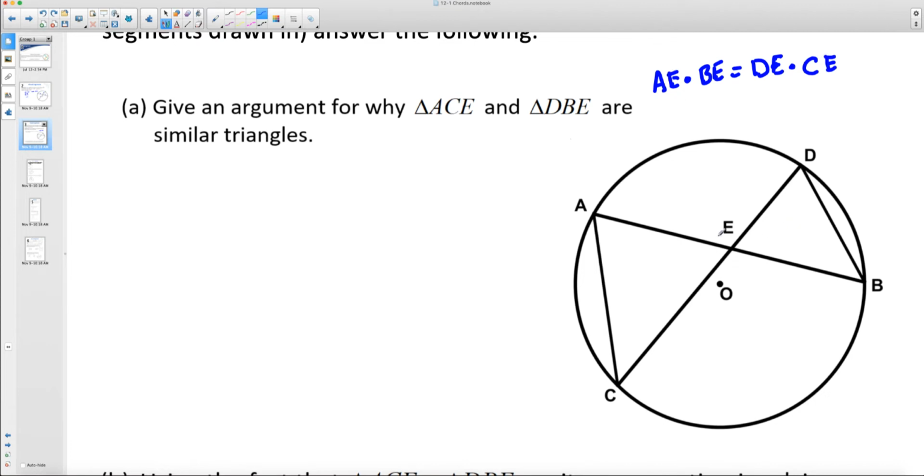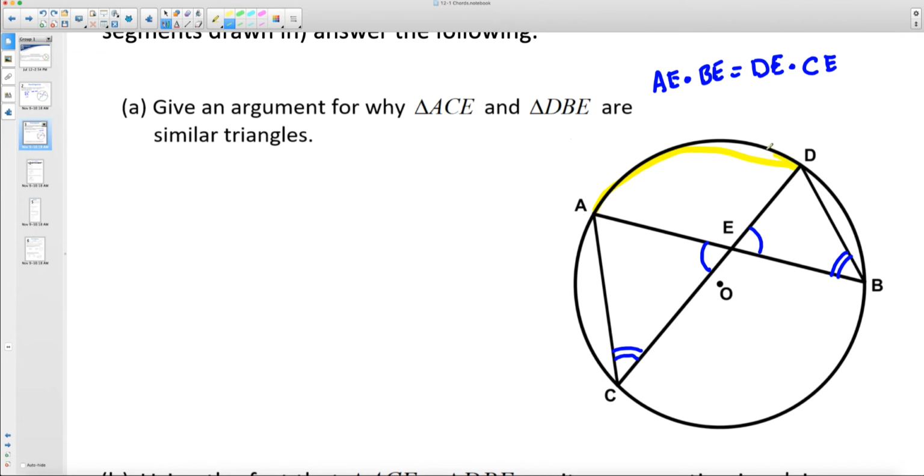The reason why ACE and DBE are similar is, for one, we have vertical angles. And the other angle we can get is that angle C and angle B are congruent. We know they are congruent because they are both inscribed angles from last unit, and they intercept the same arc.